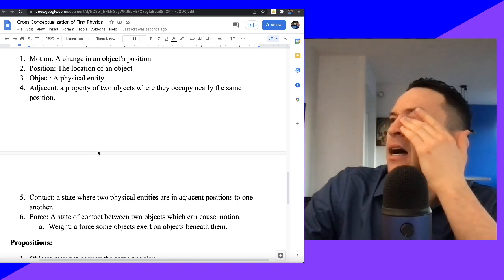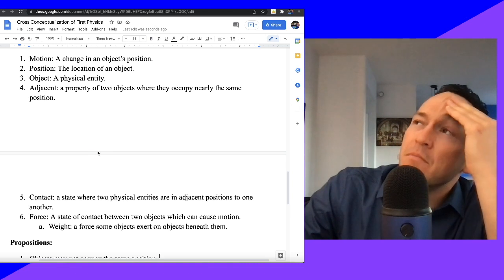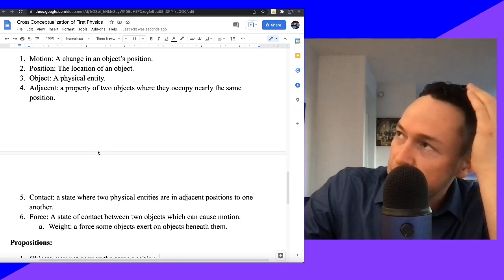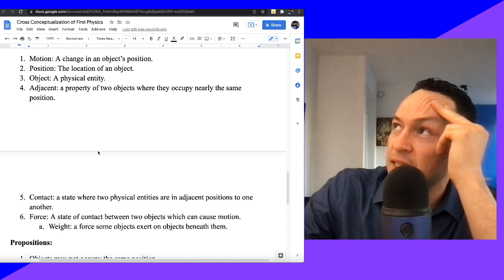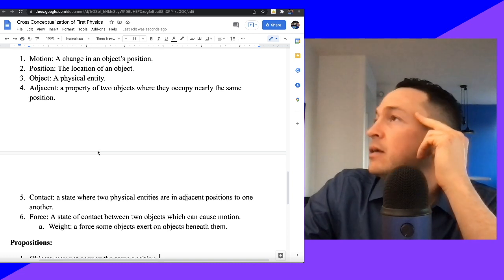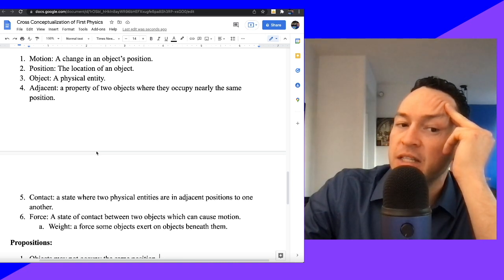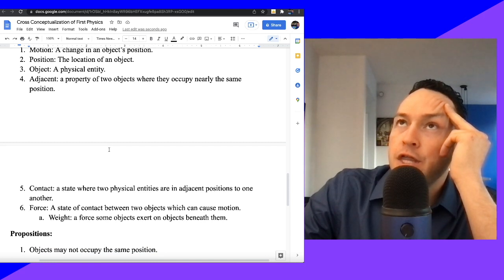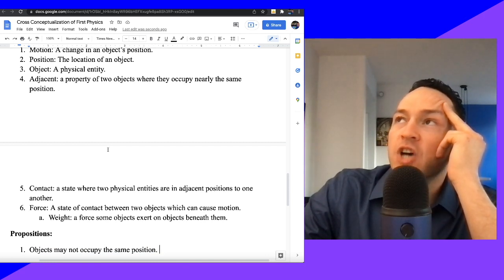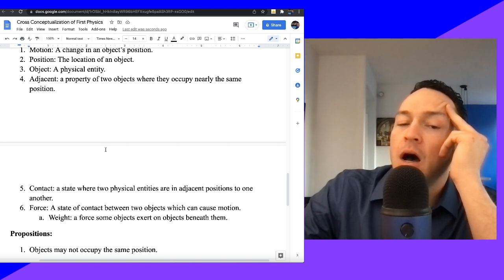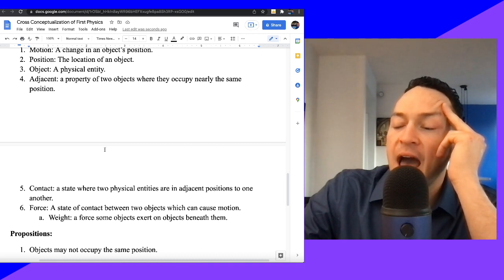You could say that a man can walk through mist, but there's no evidence that the mist is occupying the insides of the man. You can pour water into a sponge, but we can see perceptually that the water is occupying the spaces between the parts of the sponge's body. It's not actually occupying the same location.